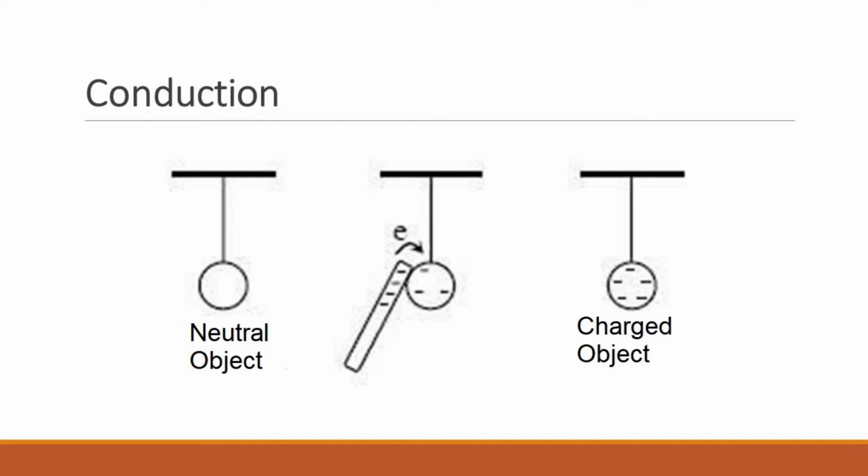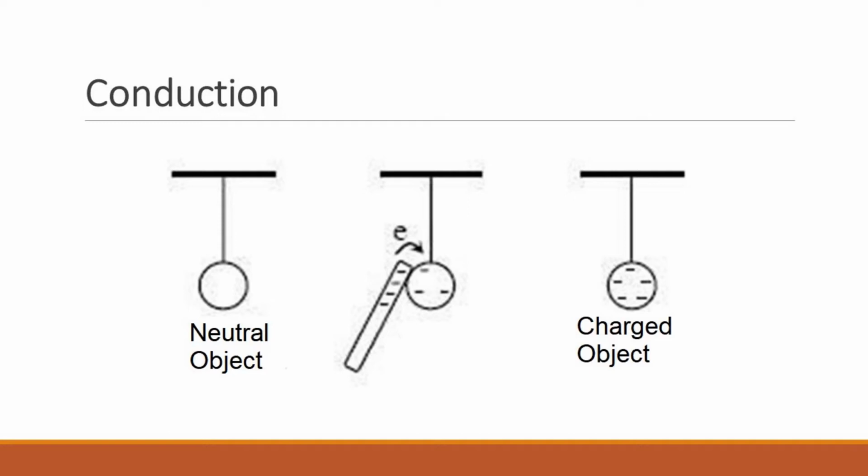If the rod has negative charge, the excess of electrons in the rod will be transferred to the neutral object. When we separate the rod from the neutral object, the object that once was neutral is now charged with negative charge.